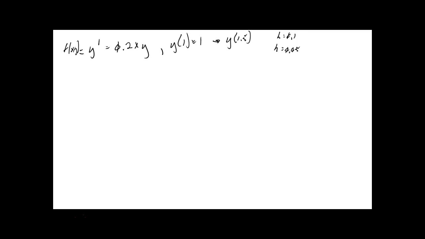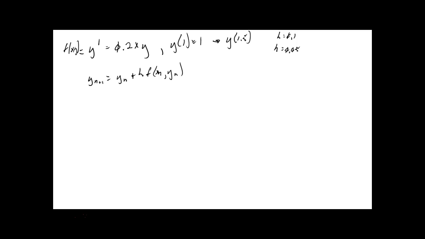And your Euler's method would be y sub n plus 1 is equal to y sub n plus h times f of x sub n, y sub n, and this is why they call it f. Now, got to get started.